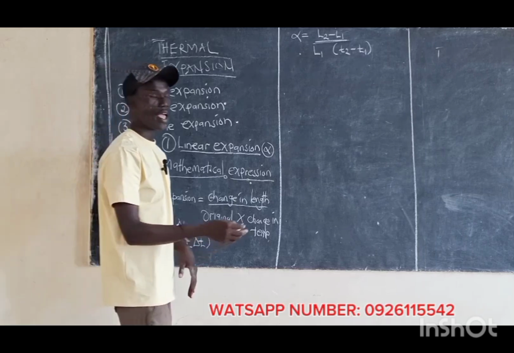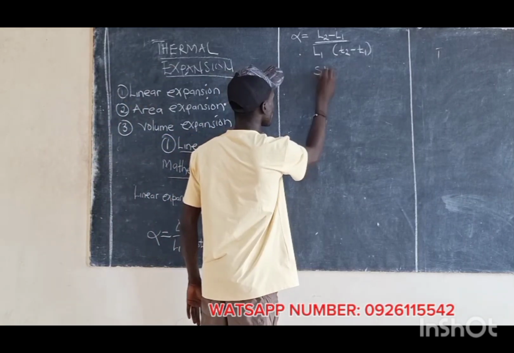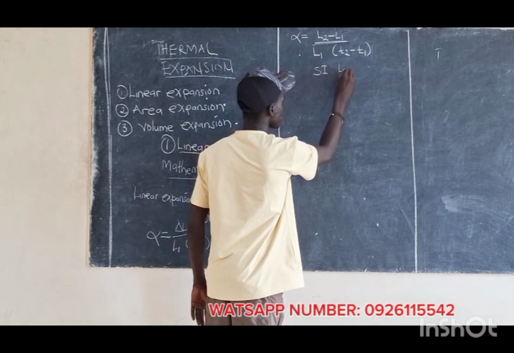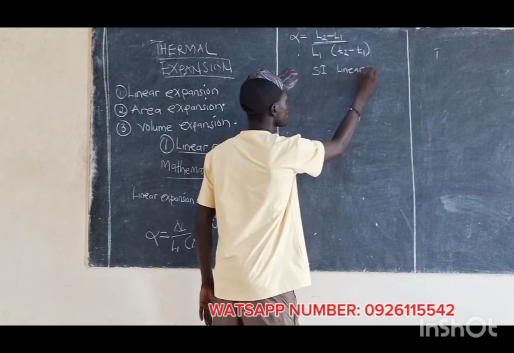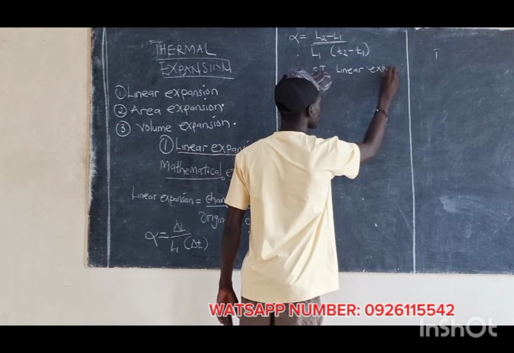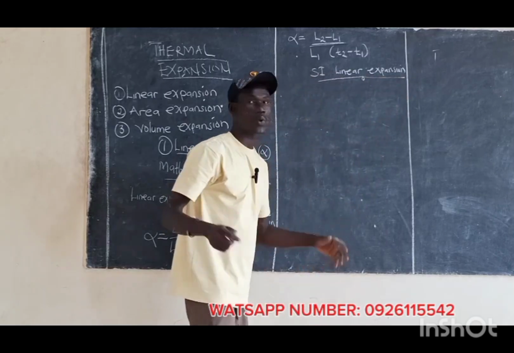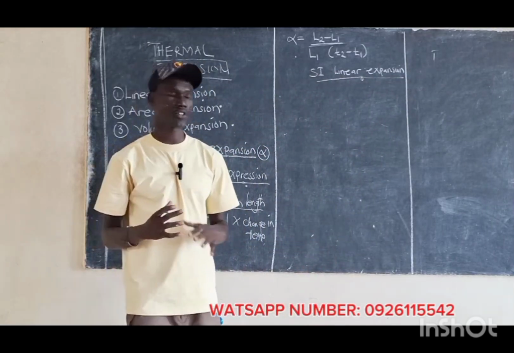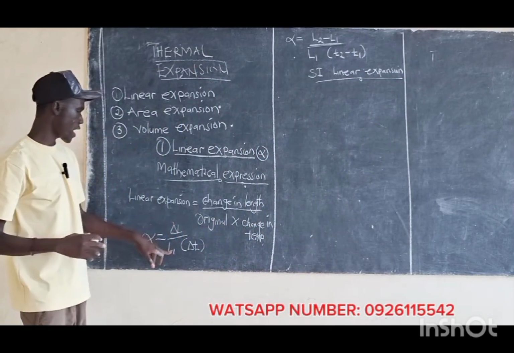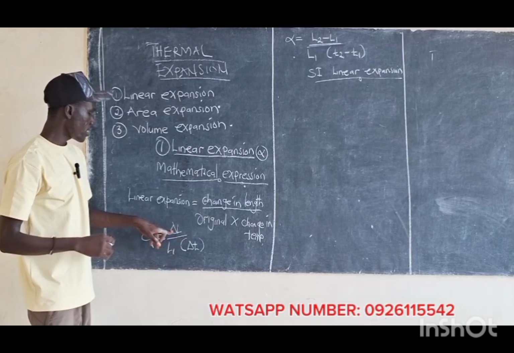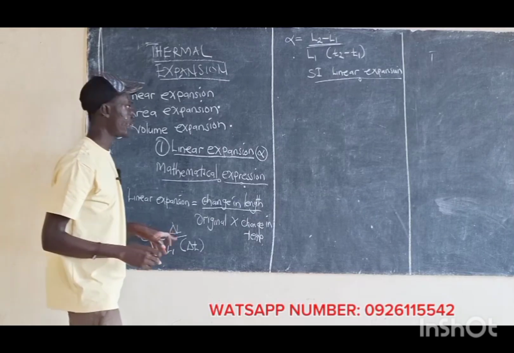Let's find out the SI unit of linear expansion. We will get it from our formula, delta L all over L. Here, length is measured in meters.